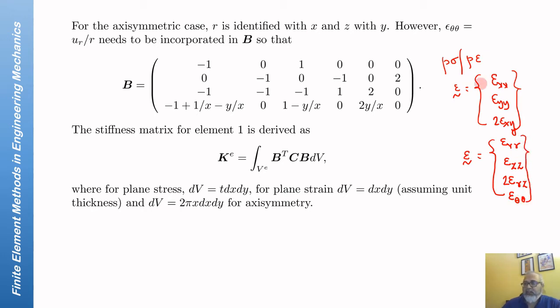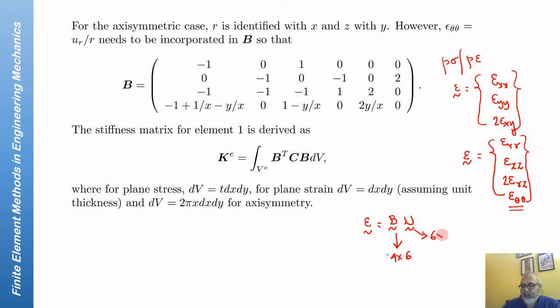We don't do that even for plane strain, where epsilon zz is present, because epsilon zz is simply connected to epsilon xx and yy. It doesn't need to be solved separately. But in axisymmetry, we sometimes add this last strain, and therefore your B matrix, which is the strain displacement matrix connecting the strains to the nodal displacements, is now 4 cross 6 rather than 3 cross 6.